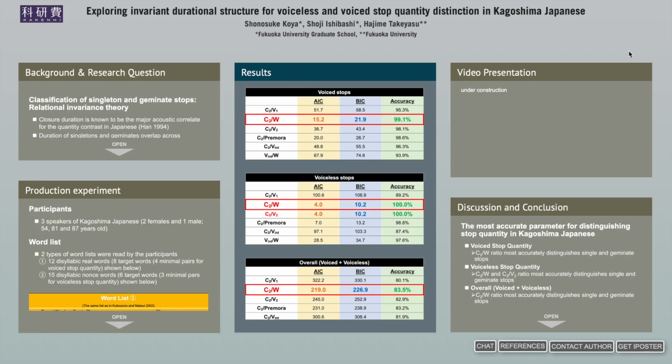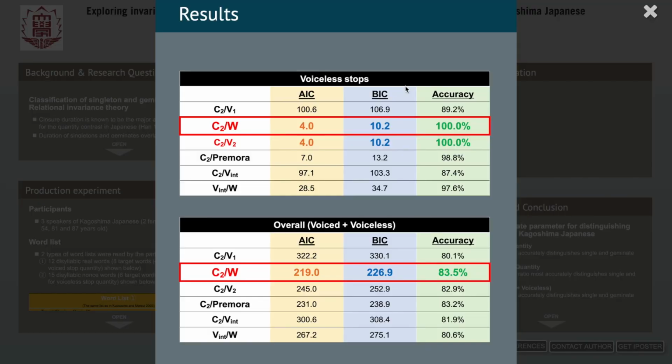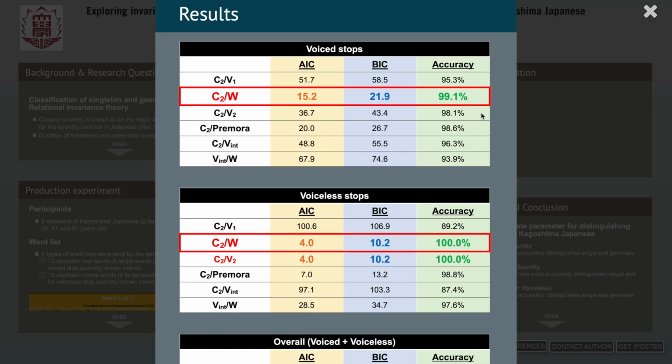Right. The next is the result section. Here's the result. The upper panel shows the result for voiced stops, or the first word list.